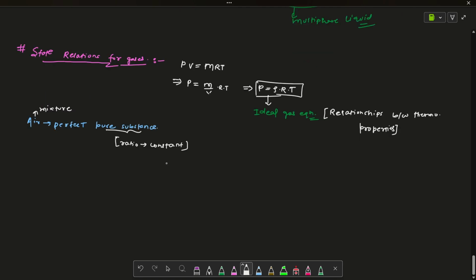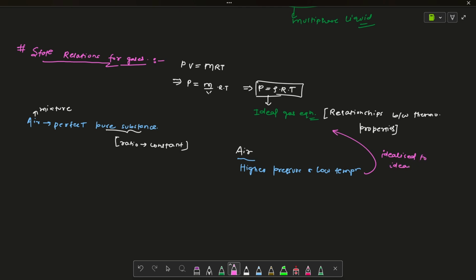Now let's take air as an example. When do we call air an ideal gas, and when can't we? When the air is available at higher pressure and lower temperature, it can be idealized to an ideal gas.